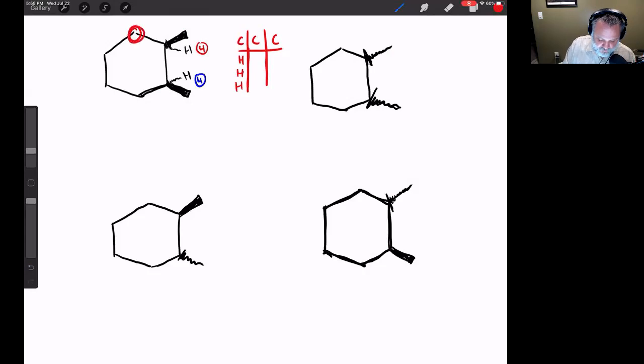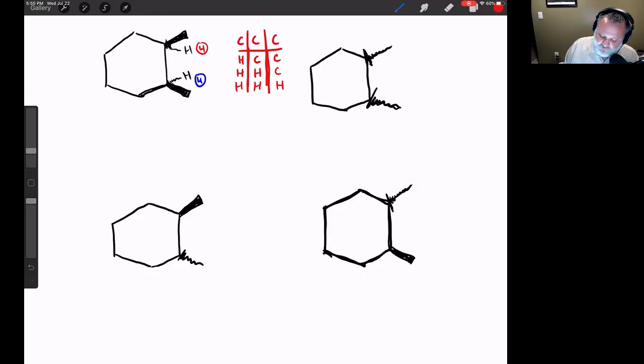Then I'm going to come over here and do the same thing. That is connected to one other carbon and two hydrogens. It's a CH2 group. And now finally, I'm going to look at this carbon, because that's the carbon that I haven't assigned yet. What is it connected to? It's connected to two other carbons and a hydrogen.